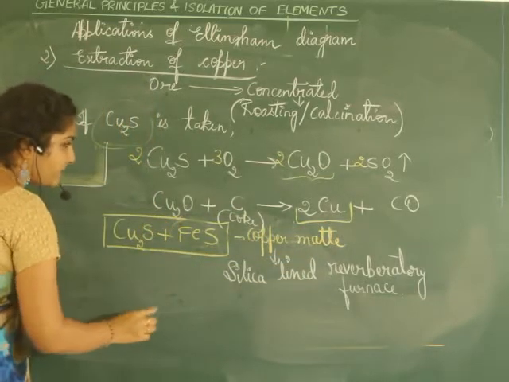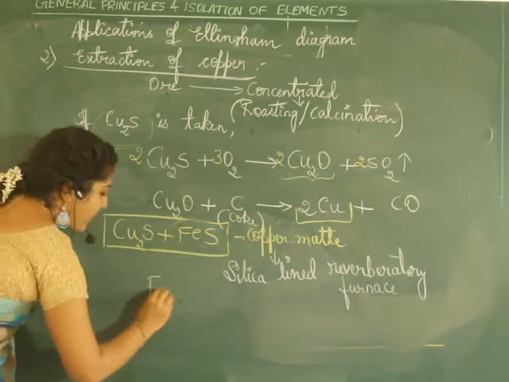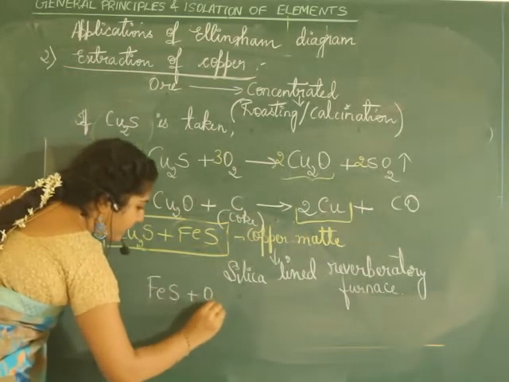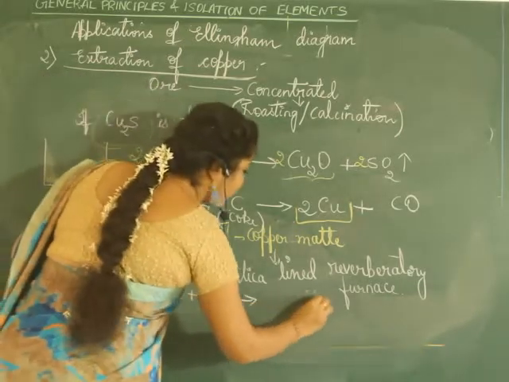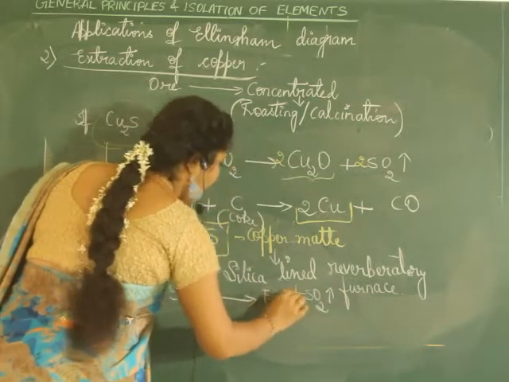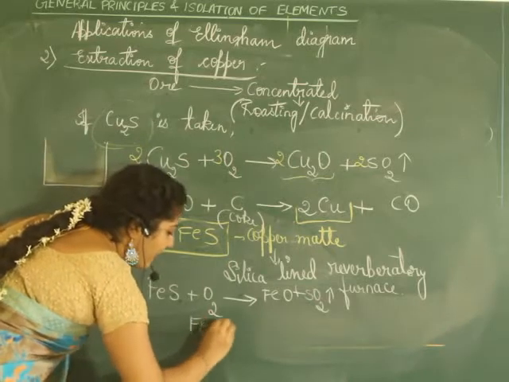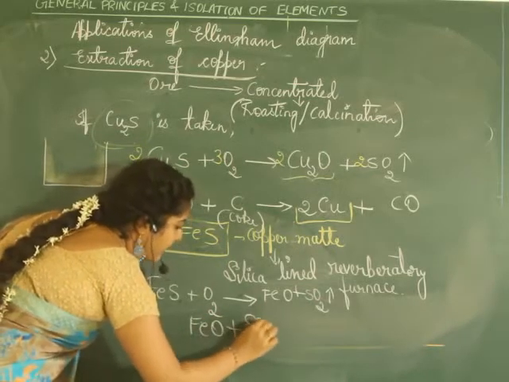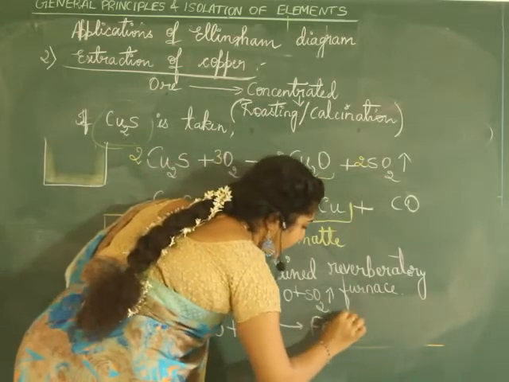And here I'll tell you what this copper is called also. Now here FeS, what happens? FeS reacts with oxygen, roasting process. SO2 escapes with the formation of FeO. Further, this FeO reacts with the silica lined vessel, silica, to form iron silicate.